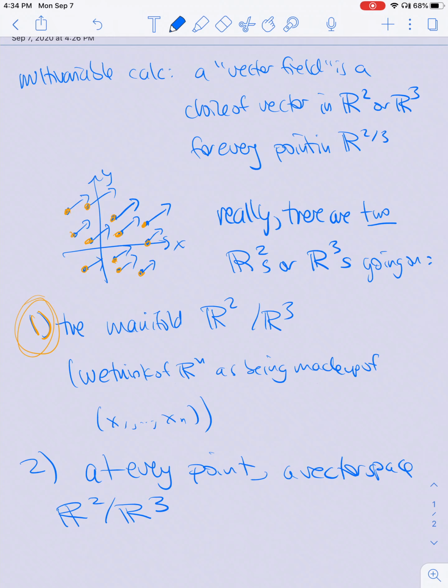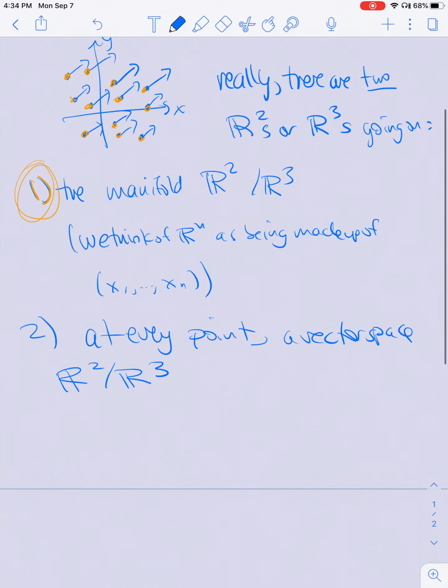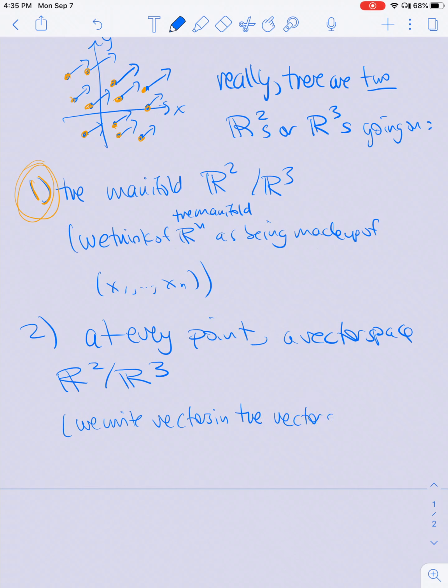And the way that we're going to not confuse these two things notationally is when we think of the manifold Rn as being made up of points with round brackets, we write vectors in the vector space Rn with square brackets, x1 all the way through xn, and they'll be column vectors.